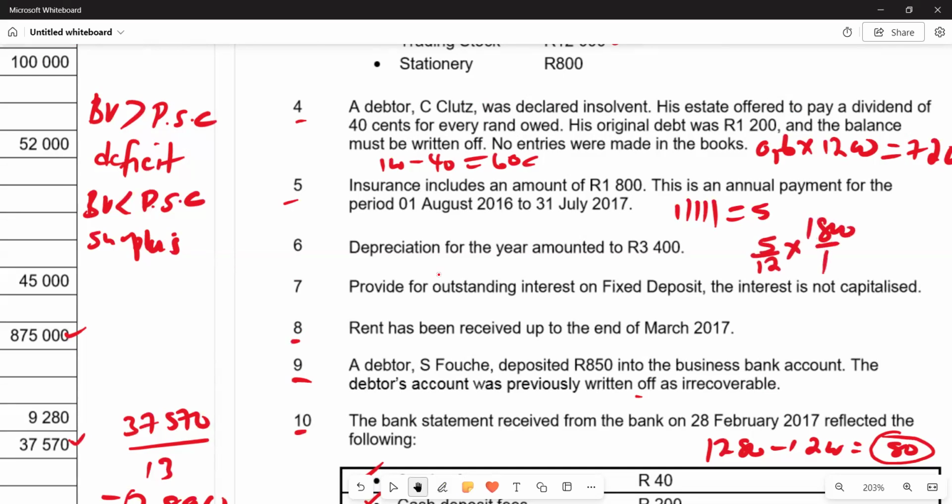You can try to calculate it as such, 5 divided by 12, and then we multiply by 1,800. So for insurance, you are going to get your 750.